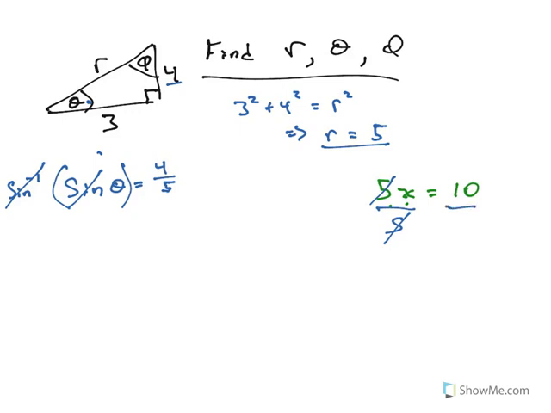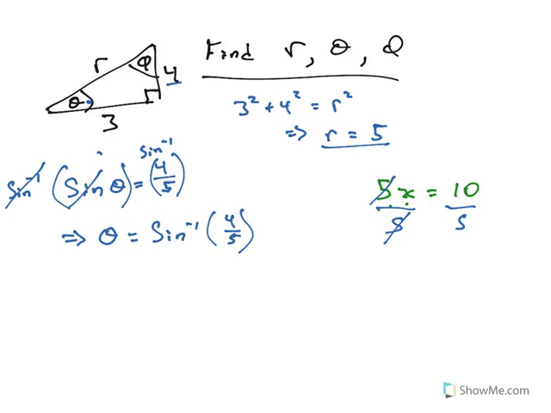However, in order to do it to one side, you have to do it to the other as well. So on this side, I also have to take the inverse sine. And so what am I left with? I'm left with theta on the left, because the sine's canceled, equals inverse sine of 4 over 5.